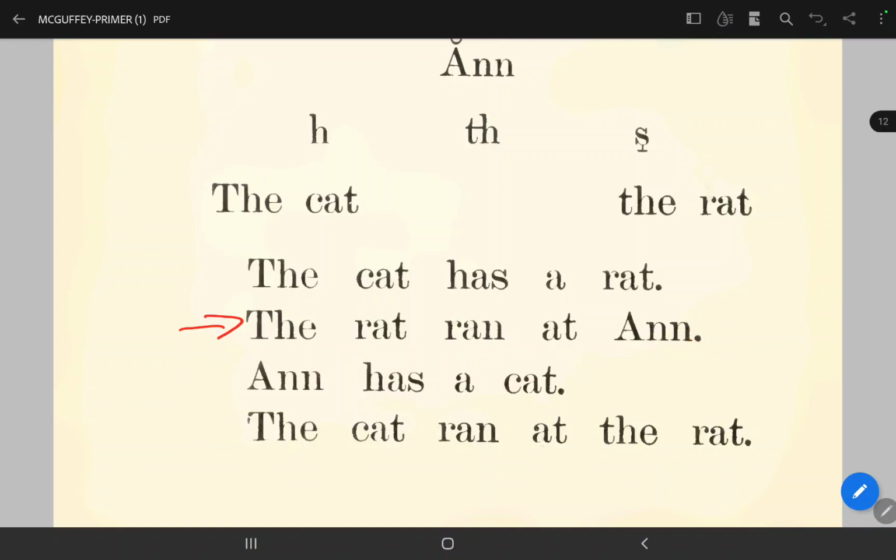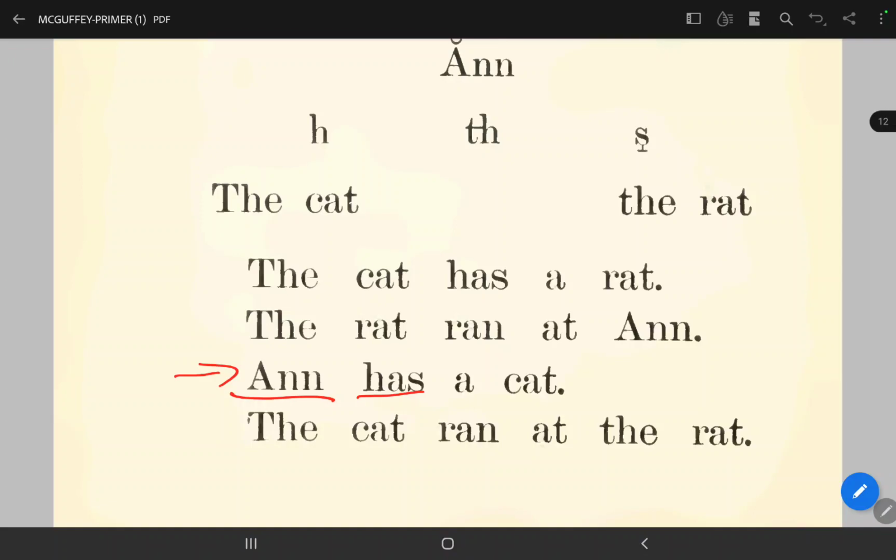Okay, let's go on to the next sentence. You're going to start with the girl's name, capital A-N-N, Anne. H-A-S. The classical H says h, the A says a, ha, and this English voiced S says z, has.